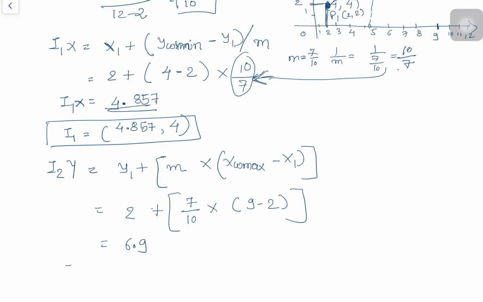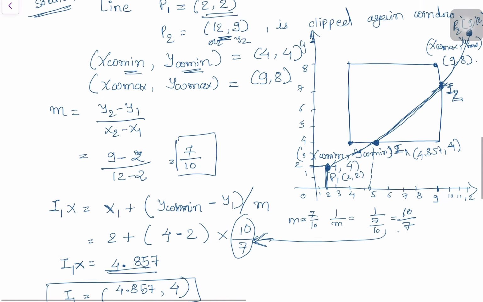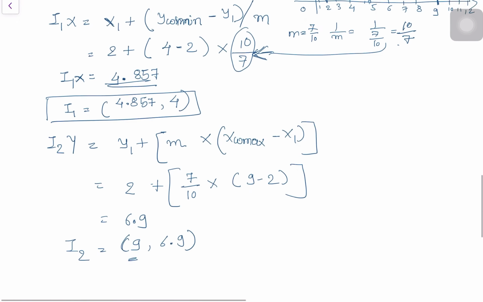So the value of I2 is 9 comma 6.9. 9 is for this one, xw max, comma I2y.